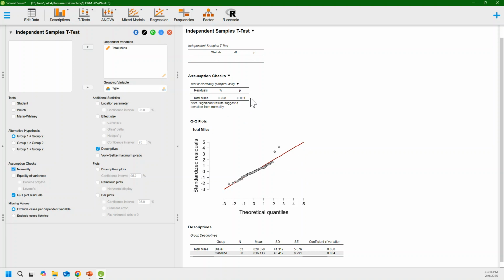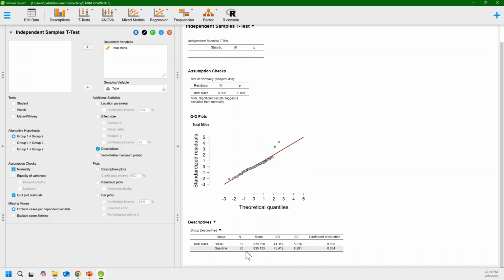Now, even though there's evidence against normality, I'm going to rely on the central limit theorem to say, okay, although my data is not normal, the central limit theorem says that if my sample size is large in both groups, then my sampling distribution of the difference in those sample means is going to be approximately normal. So although I don't satisfy normality in my data, I still can be confident that this independent t-test is going to work because of the central limit theorem.